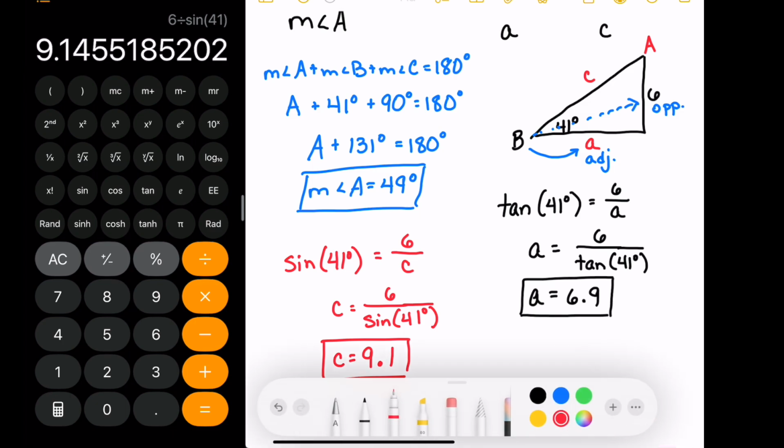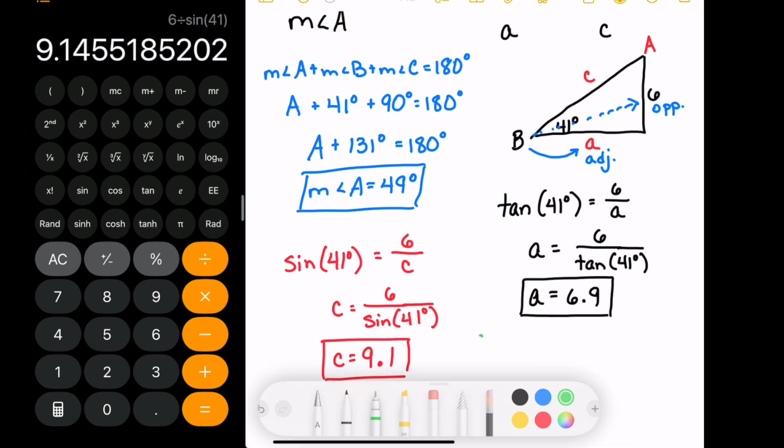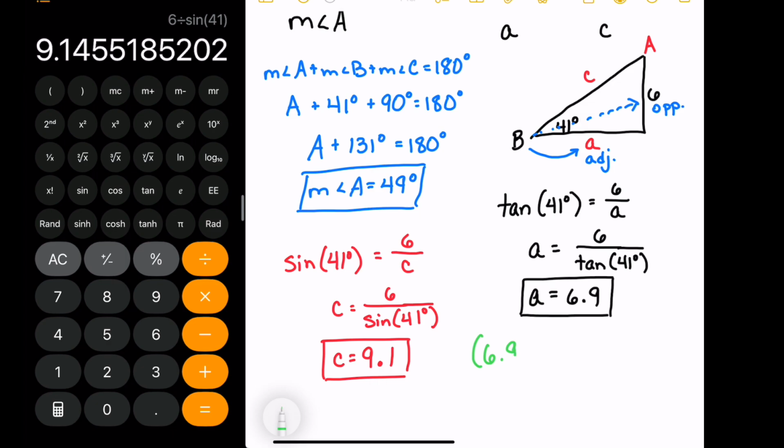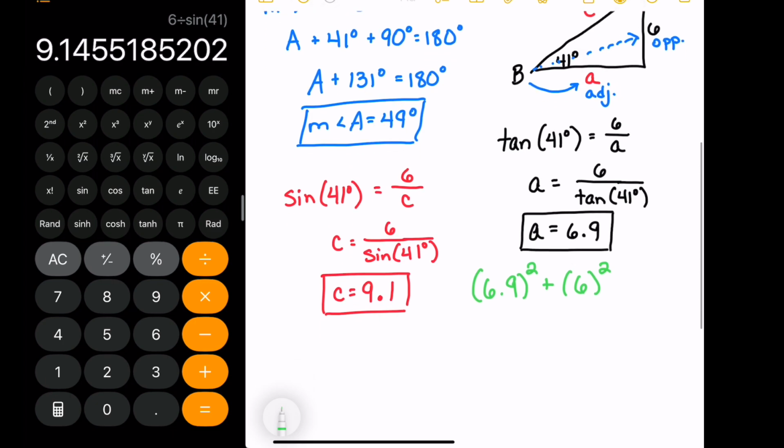And this is exactly what I would get if I did the Pythagorean theorem. A squared plus B squared. So 6.9 squared plus 6 squared is 83.61.